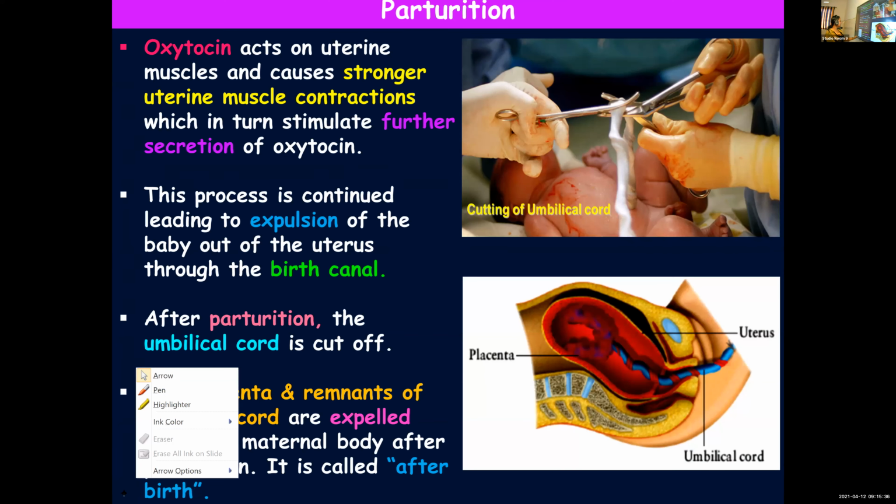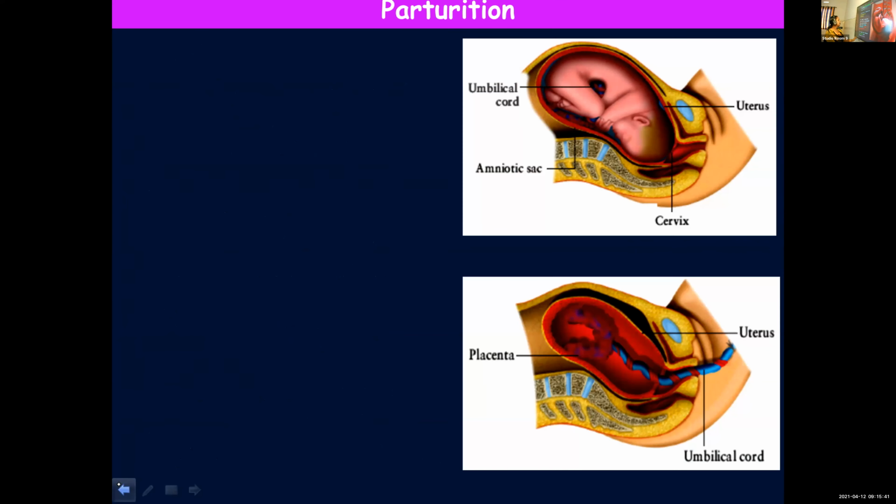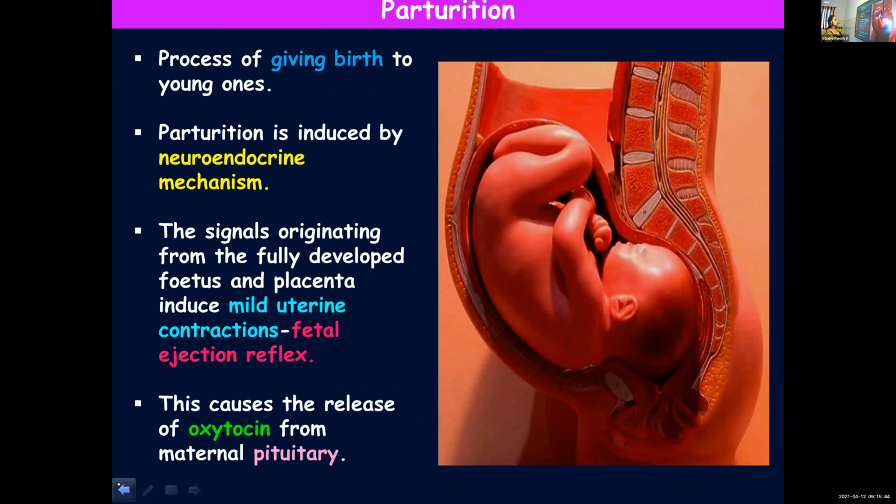I'll repeat the points once again. Parturition is the process of giving birth to young ones. It is brought about by a neuroendocrine mechanism. You can be asked to explain the neuroendocrine mechanism that helps in parturition. When the fetus is fully grown, signals will arise from the fully developed fetus and placenta. These signals will induce mild uterine contractions, which you call the fetal ejection reflex.